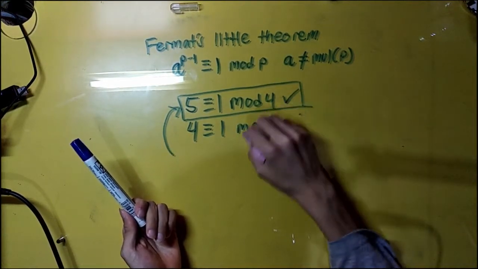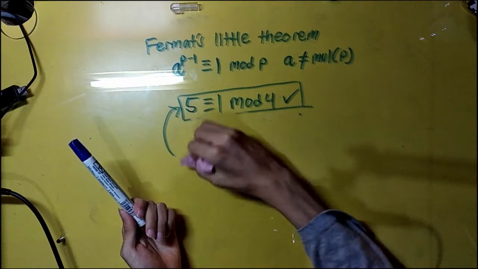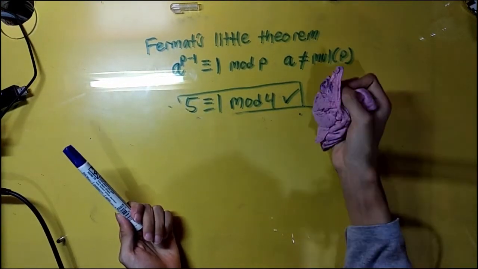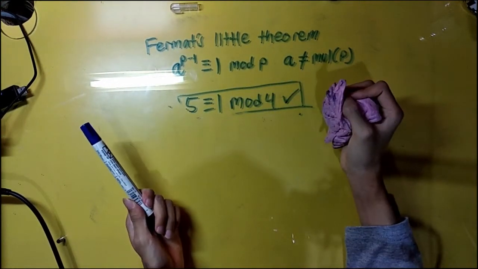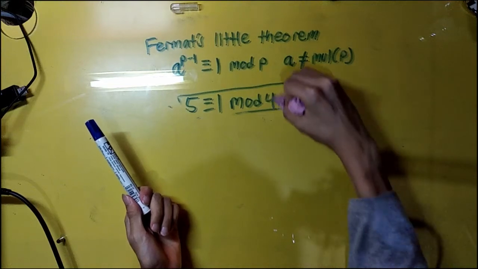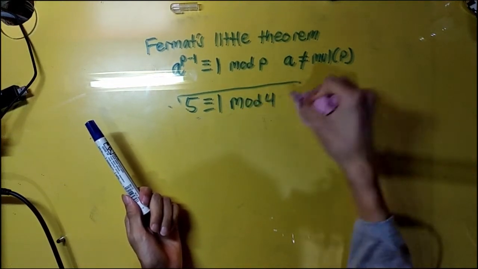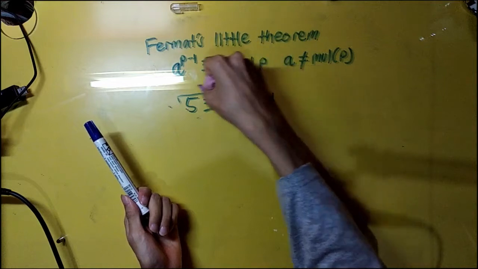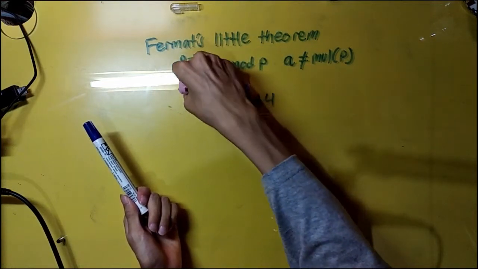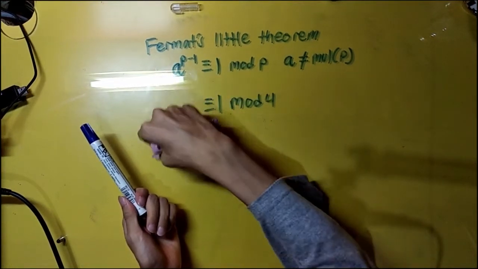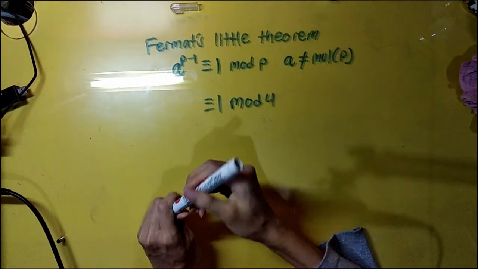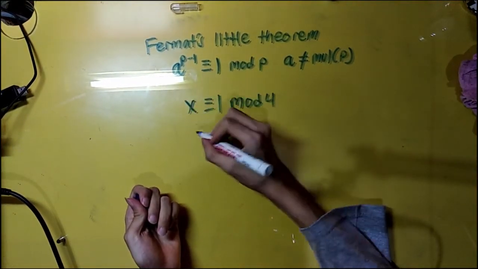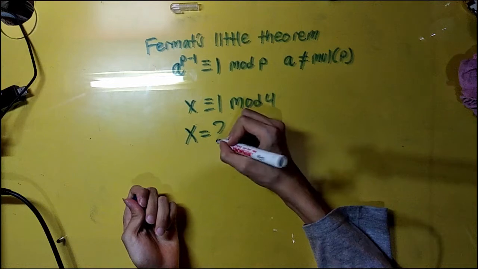Another important thing to note is that we can essentially apply algebra to this. We can turn this not into a statement, but into a question. We can change 5 into x, for example, and now we have to solve for x.